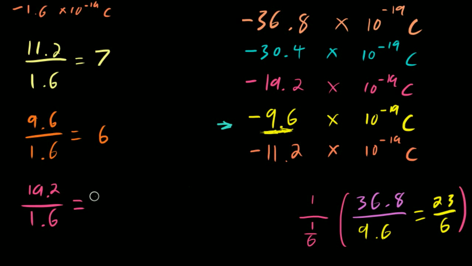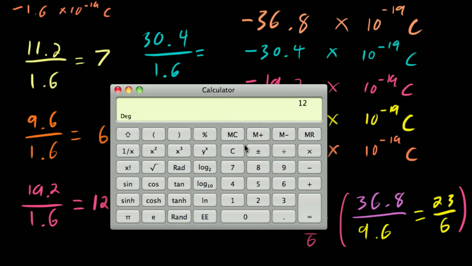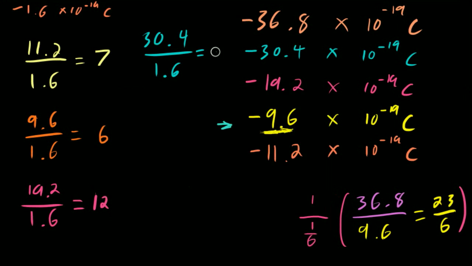So this drop would have had 12 electrons in it. And then we've got our 30.4. 30.4 divided by 1.6 is going to be 19.